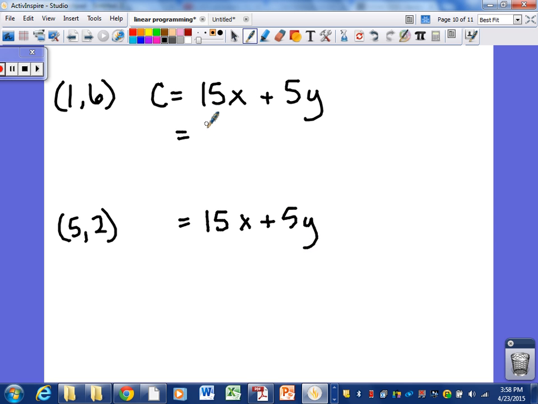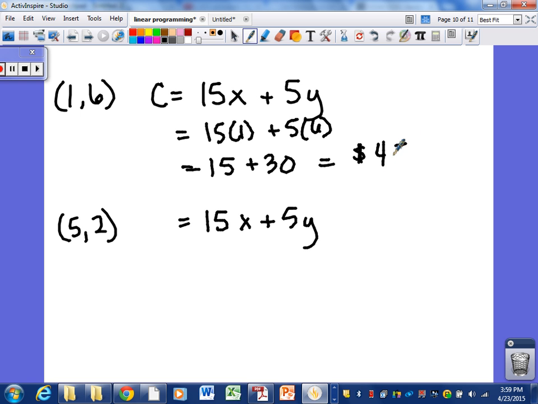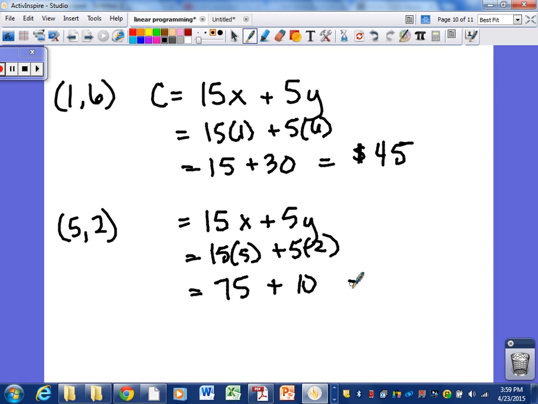Okay, so let's see, 15 times 1 plus 5 times 6, 15 plus 30, so it would cost us $45 if we got 1 bag of soybeans and 6 bags of oats, or 15 times 5 plus 5 times 2, 75 plus 10 would cost $85.